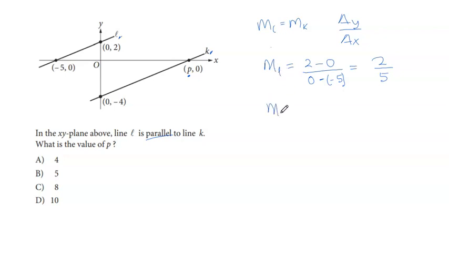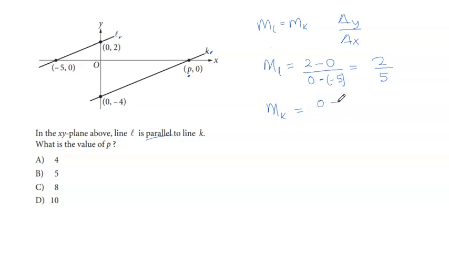Now the slope of K, we're going to do something similar. So we subtract one coordinate from the other. So I'm subtracting this lower coordinate from this upper coordinate. So the same thing. I start with the y. So it's changing y.